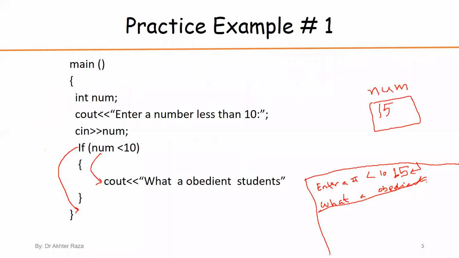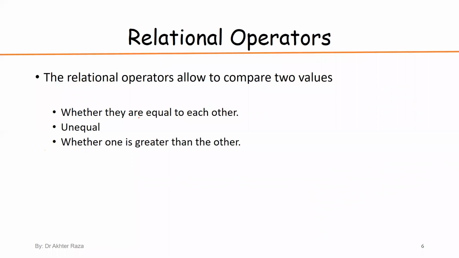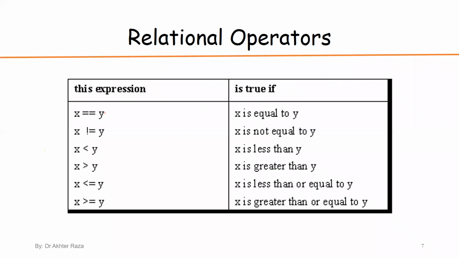For a condition, we have to use relational operators, and all of you are familiar with the relational operators. In C++, there is a relational operator double equal to, and you have to write the double equal to without any space. So you have to join these equal to signs two times.